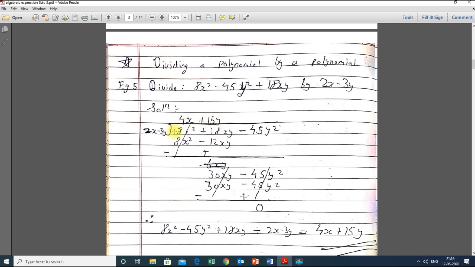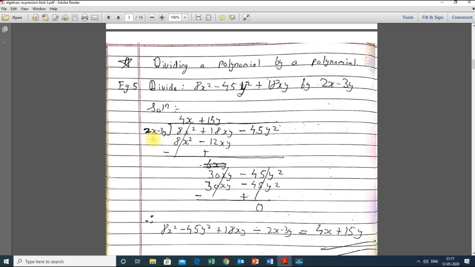Now here it is 8x square. Here it is 8x square. So what we have to do is multiply this first term with such a term that I get the same as what they are asking over here. Means they are asking for 8x square.